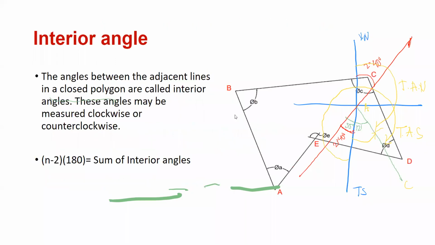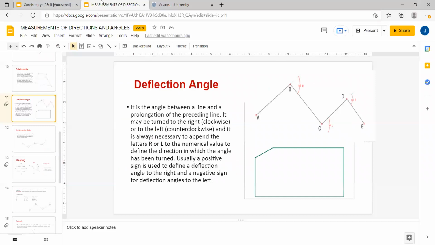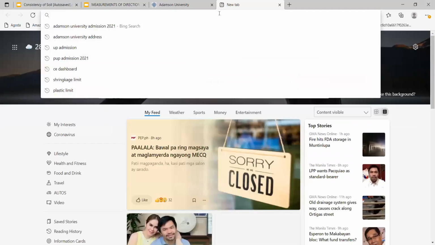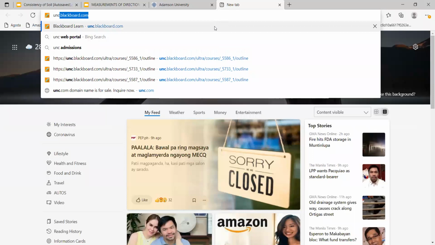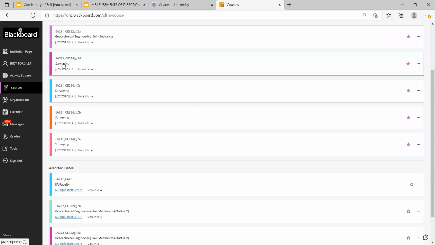By the way, I have prepared a new screen to share. I prepared an activity for you to see for yourself if you understand our topic on magnetic declination.